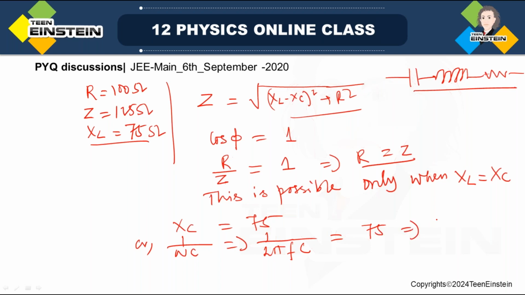So if I want to find out C, then C is equal to 1 over 2 pi F, and 50 is the frequency, right? 1 by 2 pi F, with 50 here. Okay, I hope I'm all right. 50 hertz, fine.